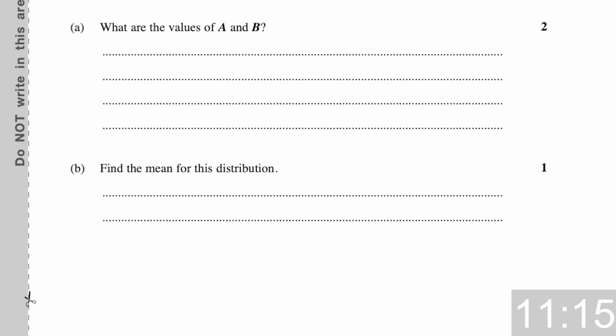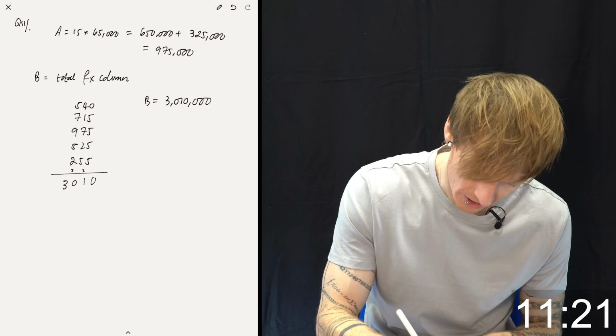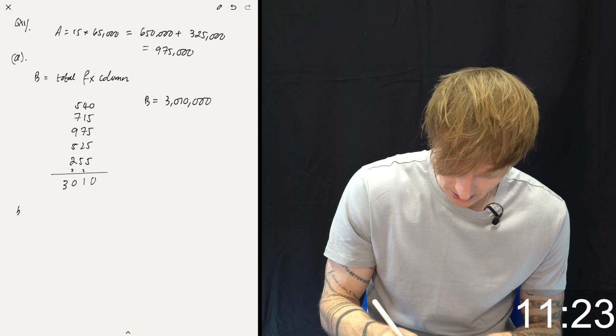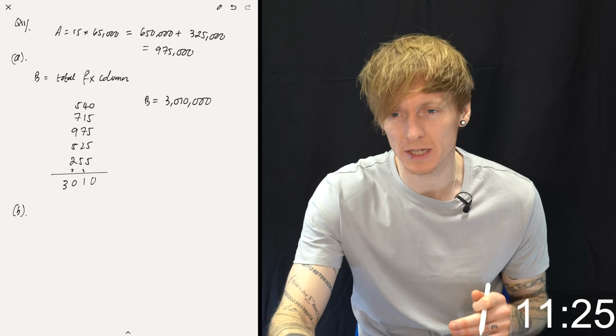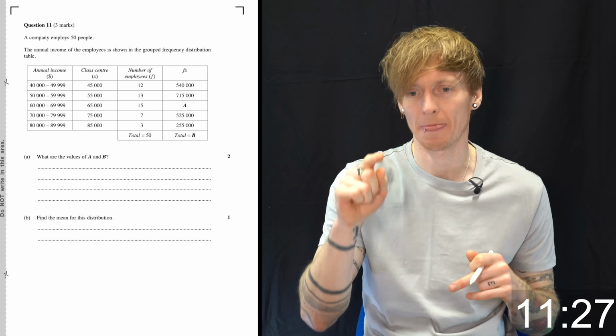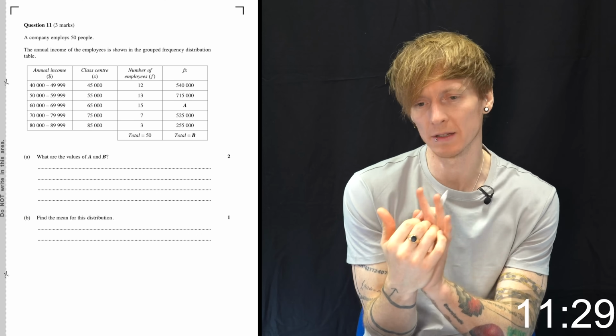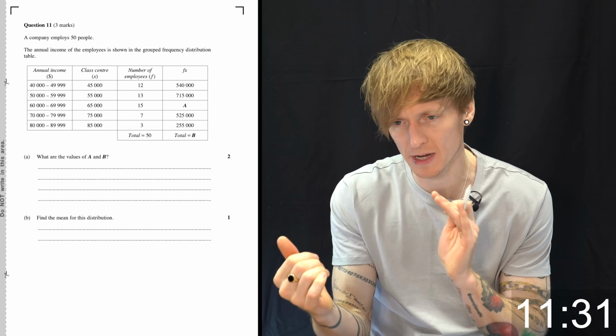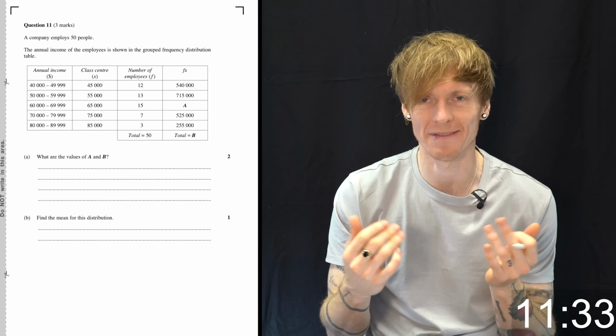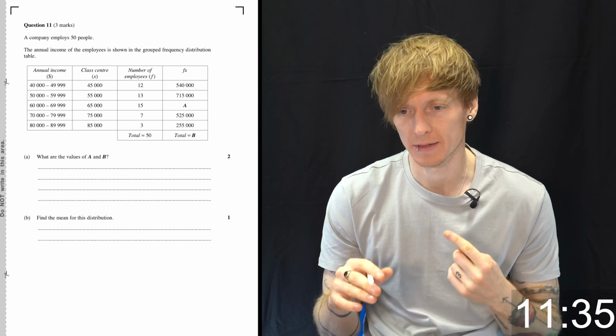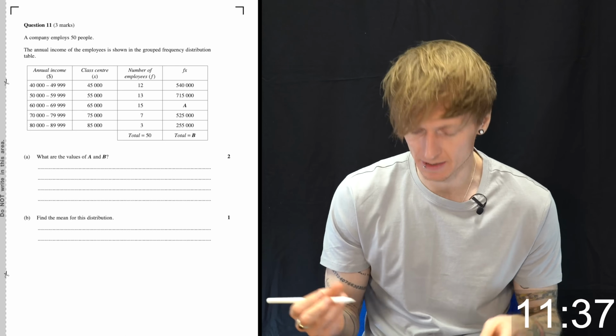Okay. Find the mean for this distribution. Sure, so that was part A. Let's keep this noted. Part B, it wants the mean. So the mean is, I've got the middle value multiplied by the number. That's what they're calling fx here. So it's b divided by 50 is the mean.